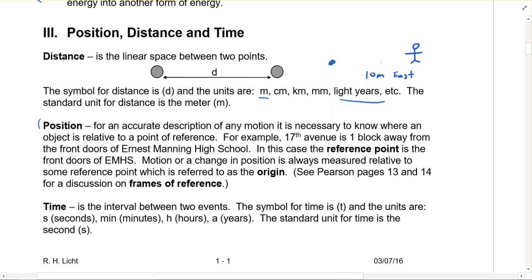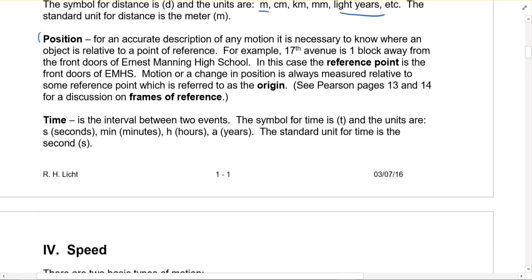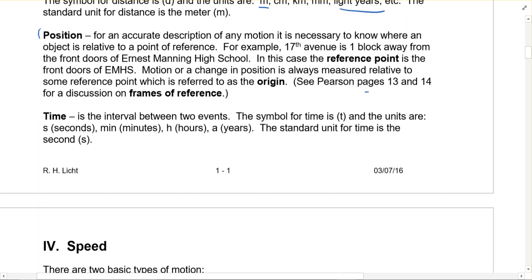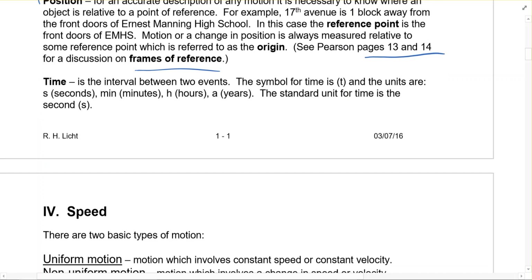My distance is the distance from there to me. So position is always from a reference point, and the distance is how far away from that reference point I am. Also, see pages 13 and 14 for the frame of reference discussion.